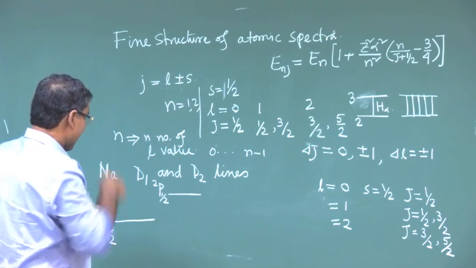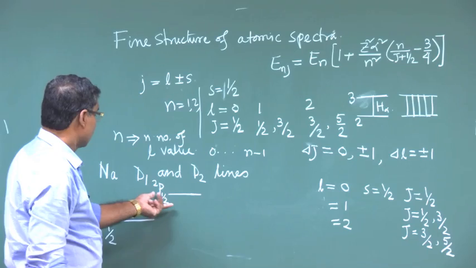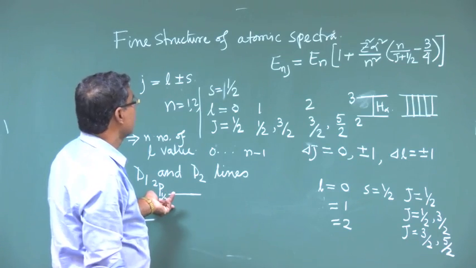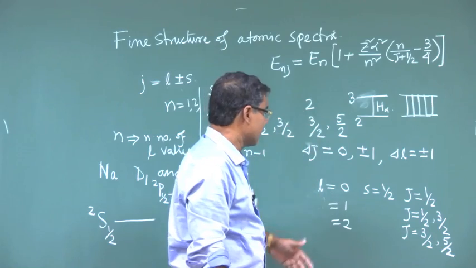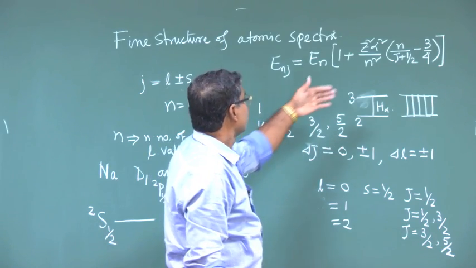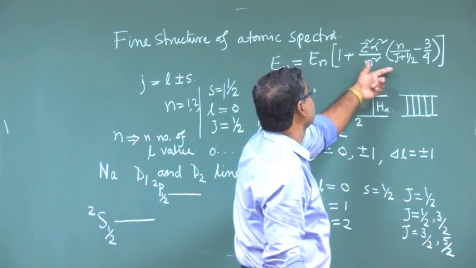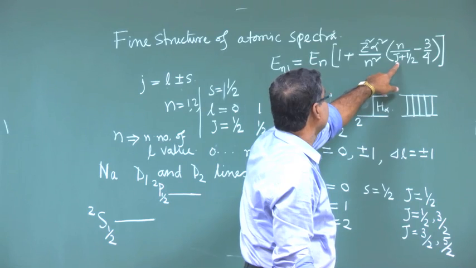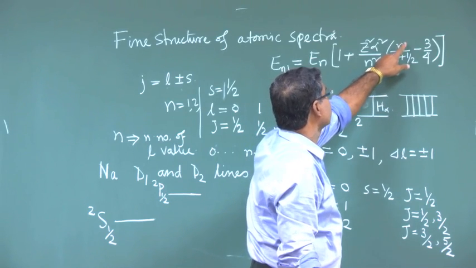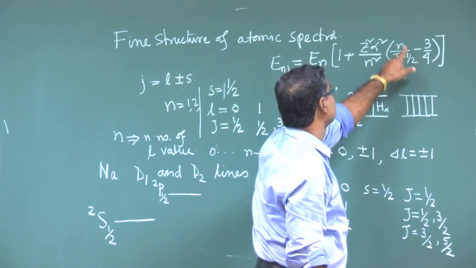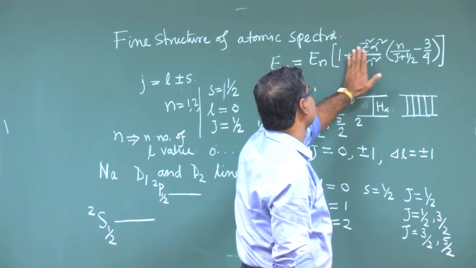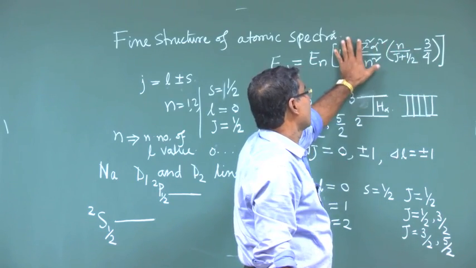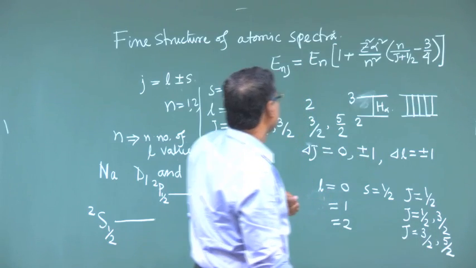Now, which energy will be lower for the same n value, n equal to 3? We have mentioned that when J is smaller, the energy is lower.